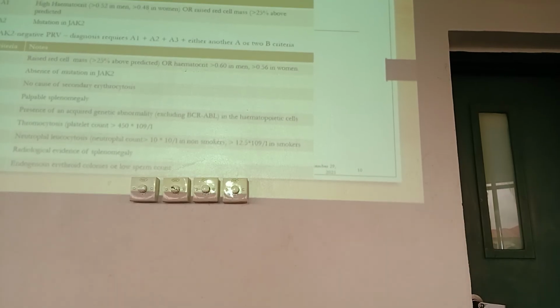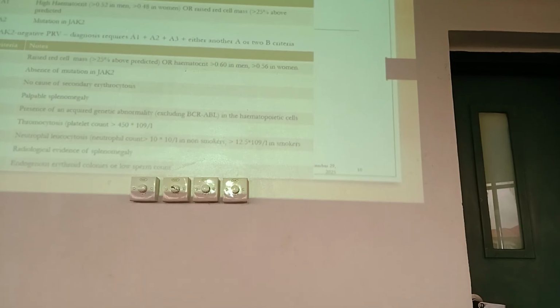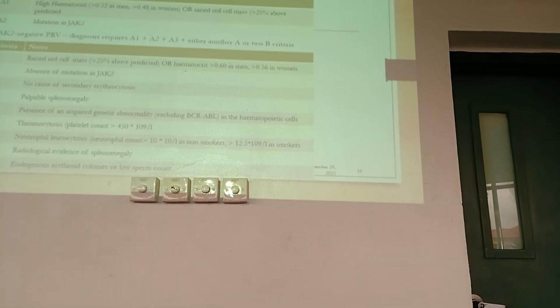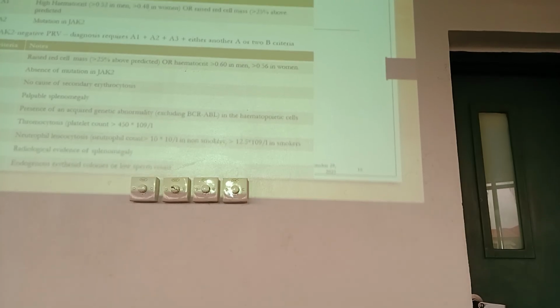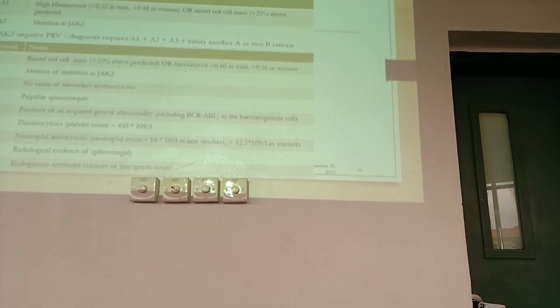If you can prove that there is another genetic mutation, which you are not likely to do in this part of the world, or there are two minor criteria, B1 and B2, then you can make a diagnosis of JAK2 negative primary polycythemia or JAK2 positive primary polycythemia.